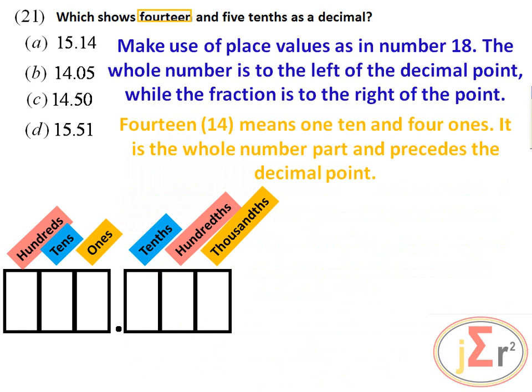It is the whole number part and precedes the decimal point. So put in 14. We have there what? 1 ten and 4 ones.